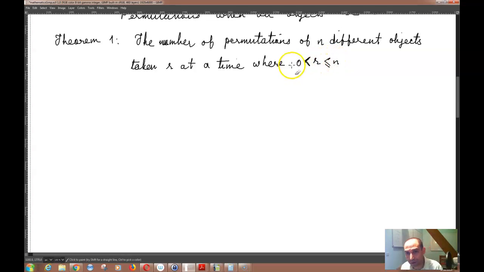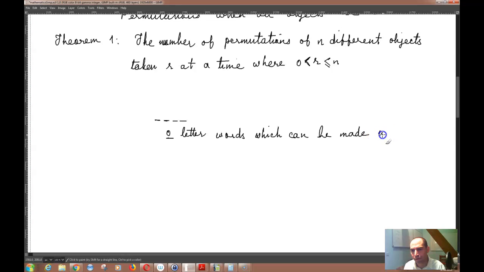Because if your r is 0, then of course you have no permutations and there is no point in calculating them, because you would be calculating the number of different zero-letter words that can be made with the 4 letters, for example ROSE.